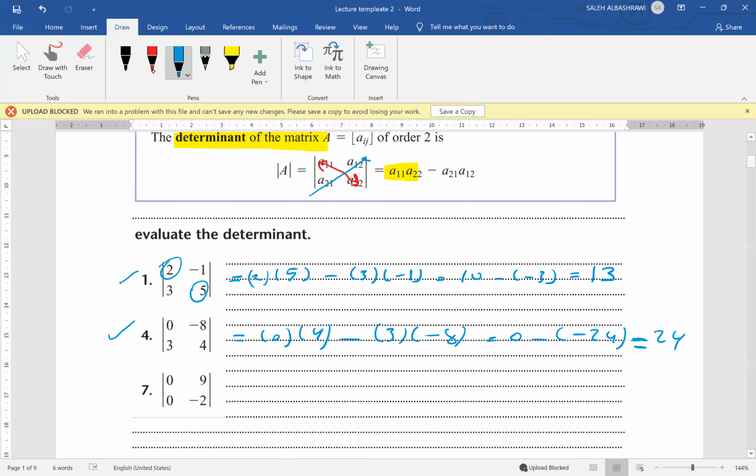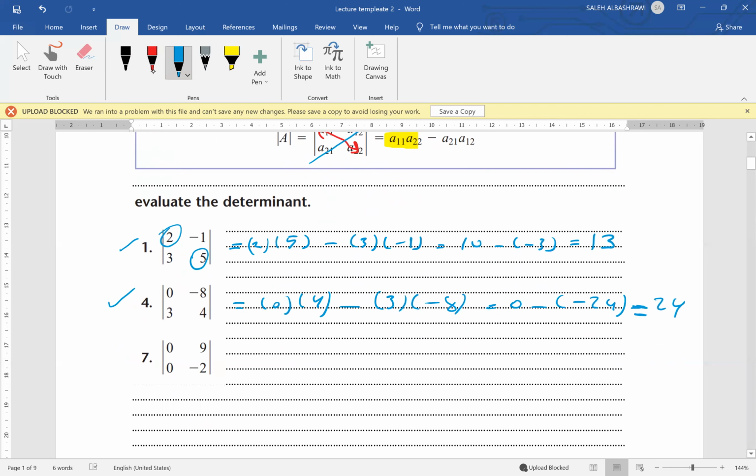Next one, the determinant of this one is 0 multiplied by minus 2 minus 0 multiplied by 9. That will be 0 minus 0, which is equal to 0. Now, if the determinant is equal to 0, we call this matrix a singular matrix.